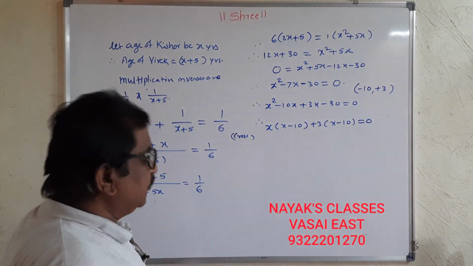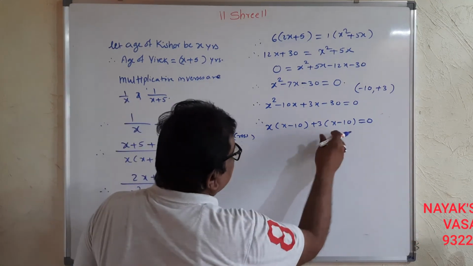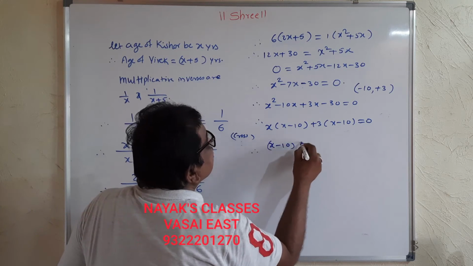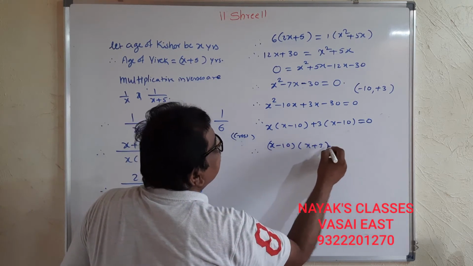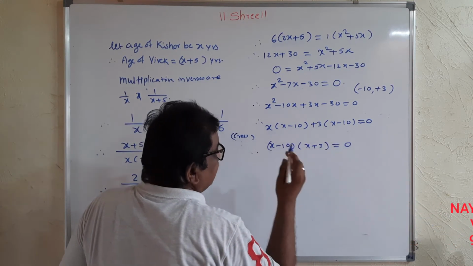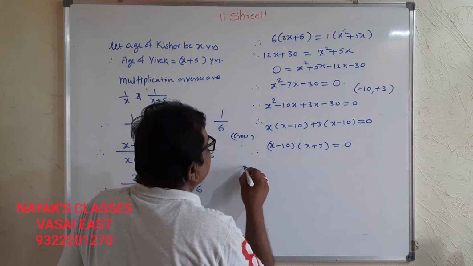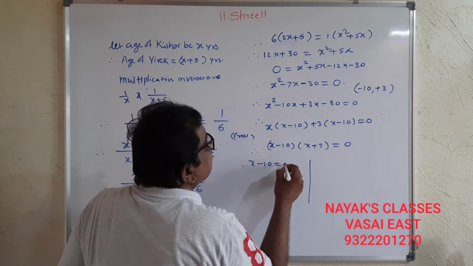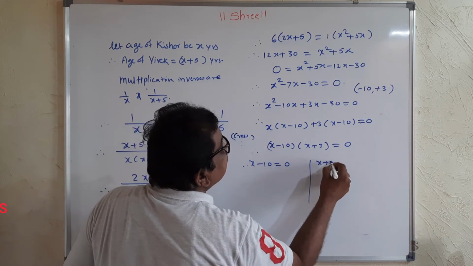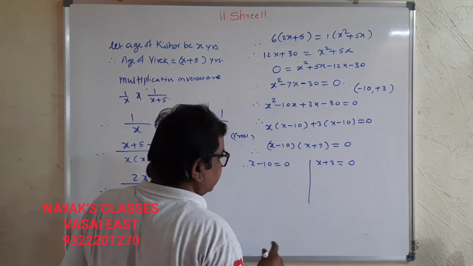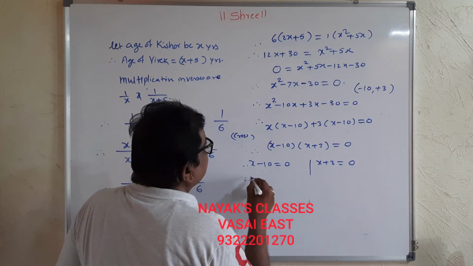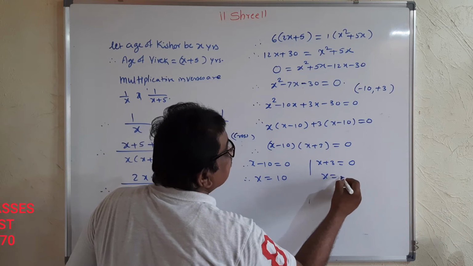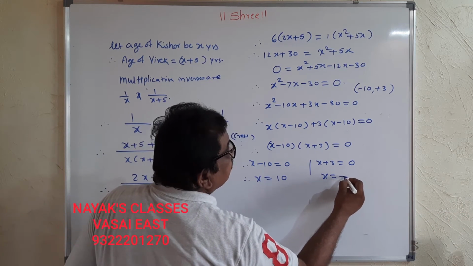So now these two are common. We take out x minus 10 and x plus 3. Therefore, x minus 10 is equal to 0 or x plus 3 is equal to 0. Therefore, x is equal to 10 and x is equal to minus 3.